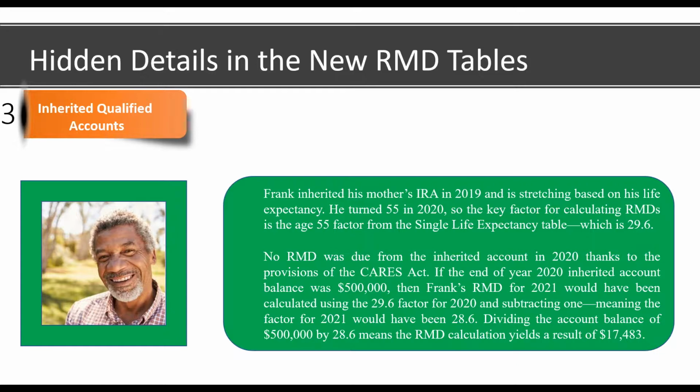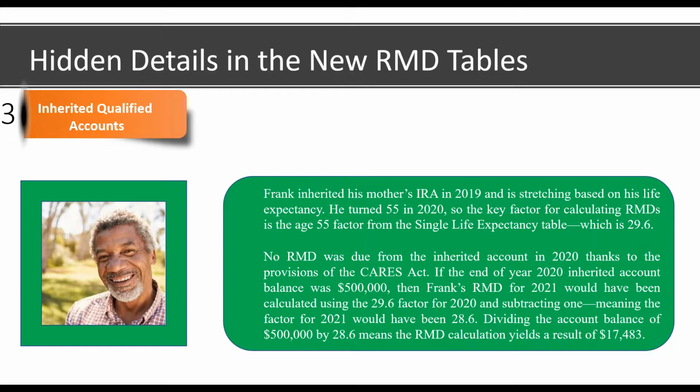Under the normal rules for an inherited IRA, Frank would look at the birthday that he turned in the year after his mom's death. That would be, he turned 55 in 2020. And he'd pull the factor from the old single life expectancy table for a 55-year-old, 29.6. Normally, he would have divided the beginning of the year account balance in 2020 by 29.6 to come up with his minimum distribution.